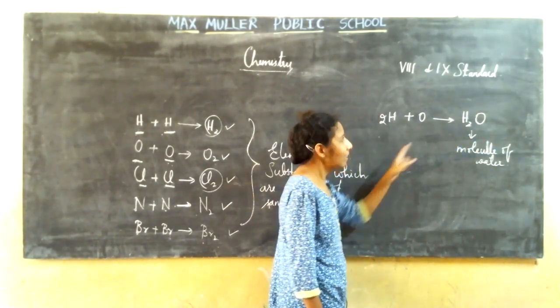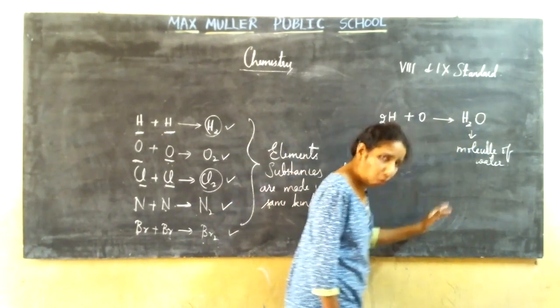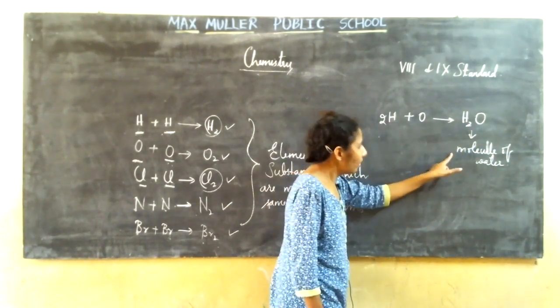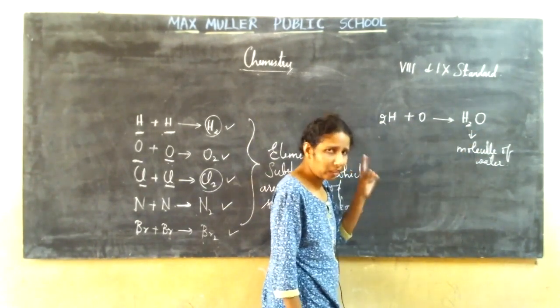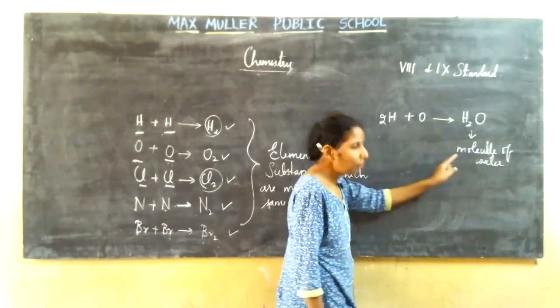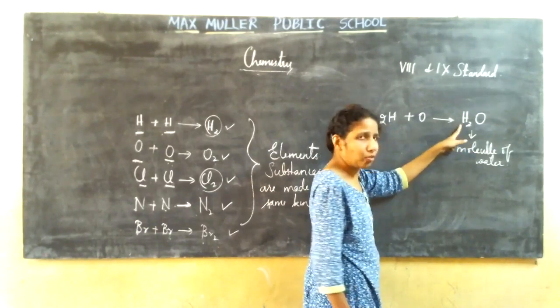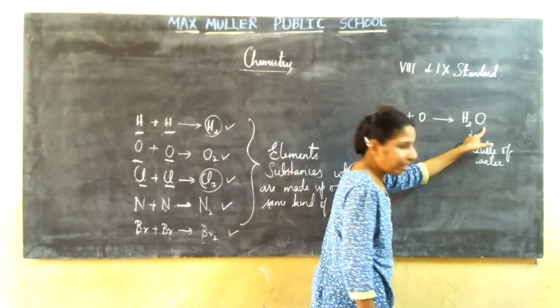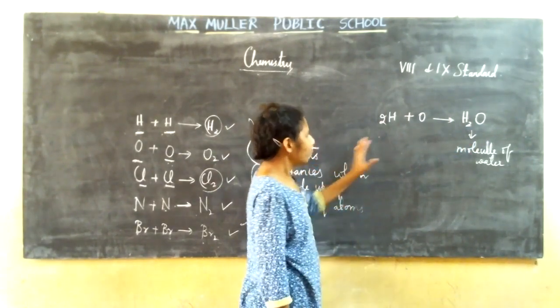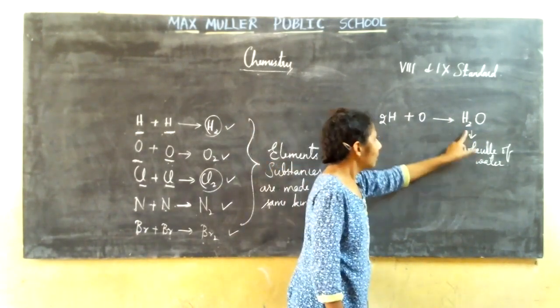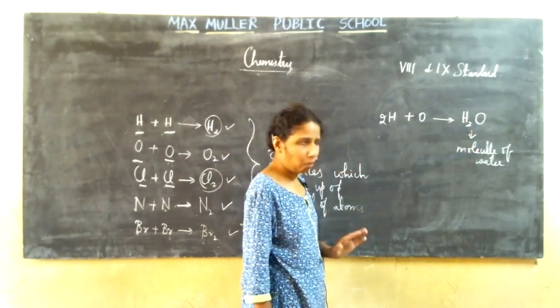Once again I am repeating, when I write H2O, it represents one molecule of water which contains 2 atoms of hydrogen and 1 atom of oxygen.